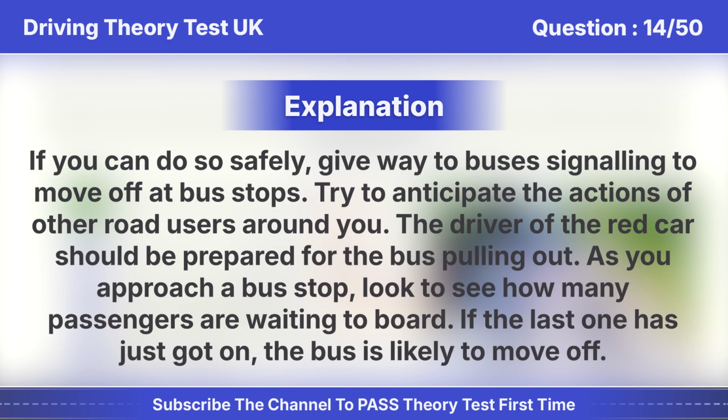If you can do so safely, give way to buses signaling to move off at bus stops. Try to anticipate the actions of other road users around you. The driver of the red car should be prepared for the bus pulling out. As you approach a bus stop, look to see how many passengers are waiting to board. If the last one has just got on, the bus is likely to move off.